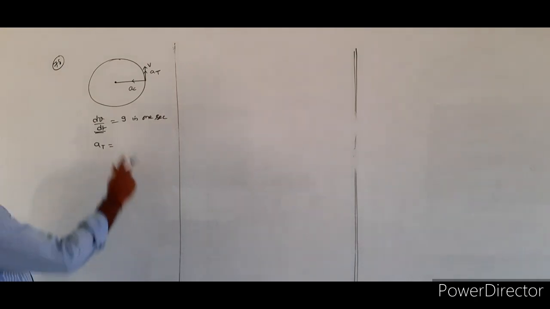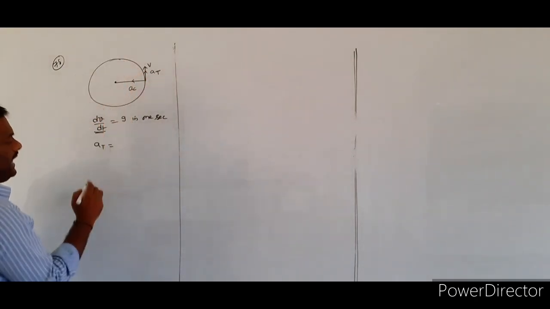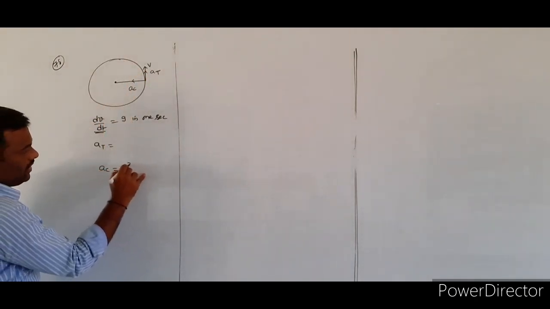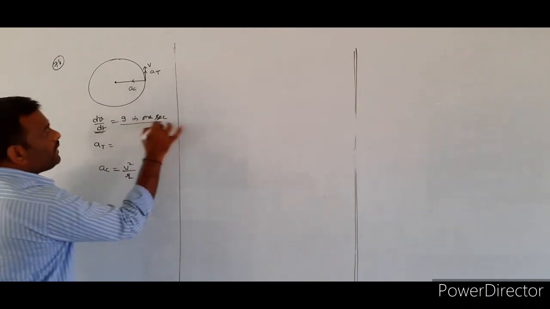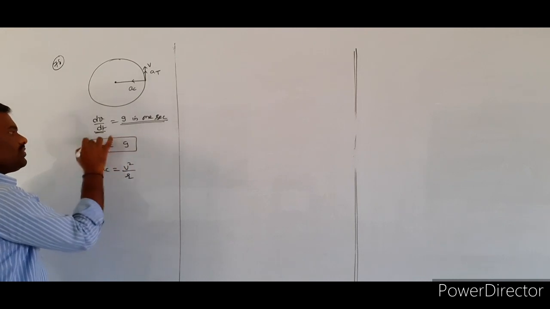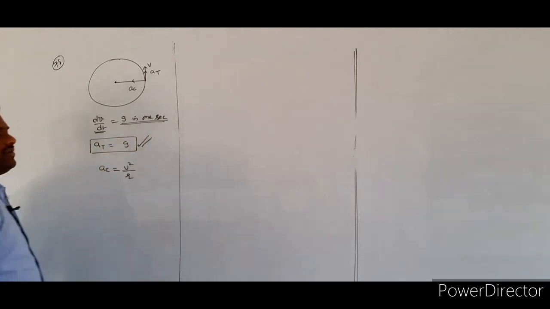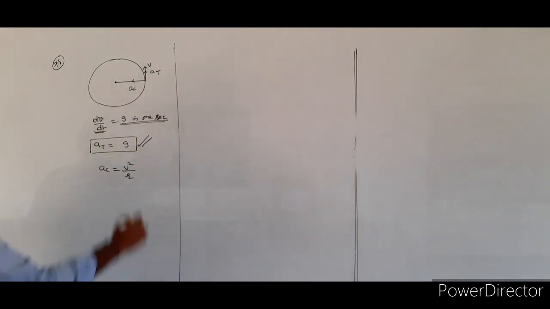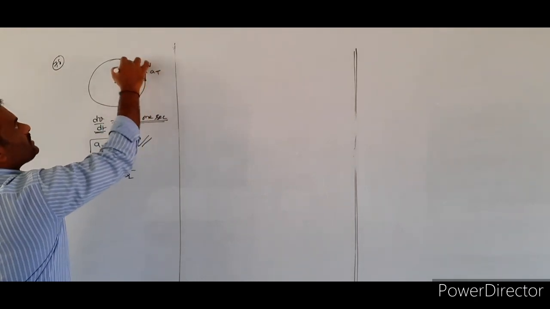Here, if the speed is equal to v, the centripetal acceleration is equal to v square by r. According to the given data, the tangential acceleration value is equal to small g. Now, always these two act at right angles to each other.